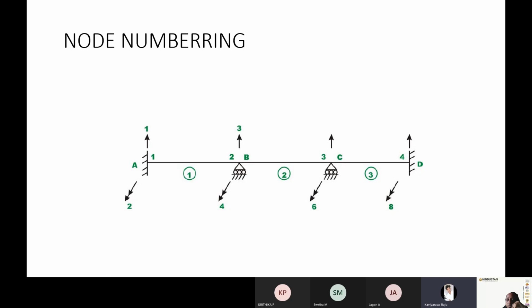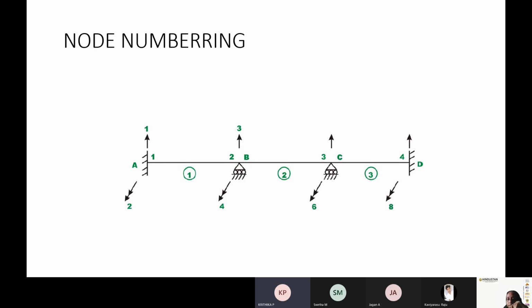Yes, ma'am. Kritika, how many degrees of freedom does this particular beam have? 2, ma'am. 2. What are the degrees of freedom? Can you tell me? Kritika, yesterday you were there, no?